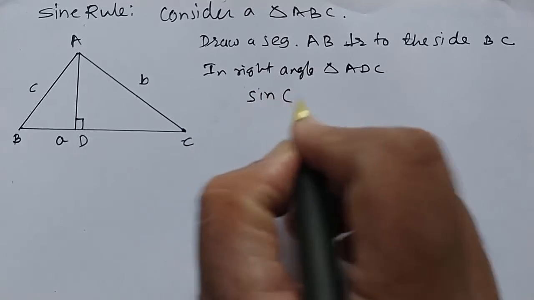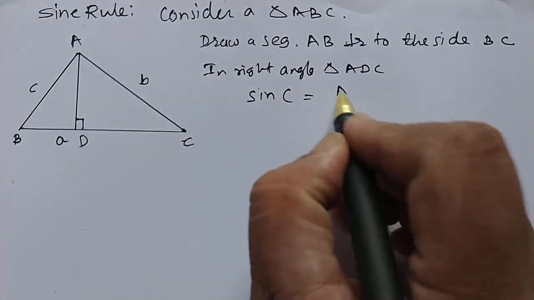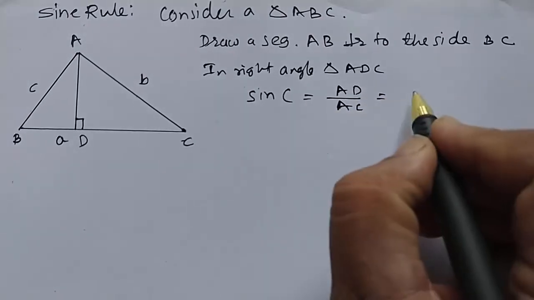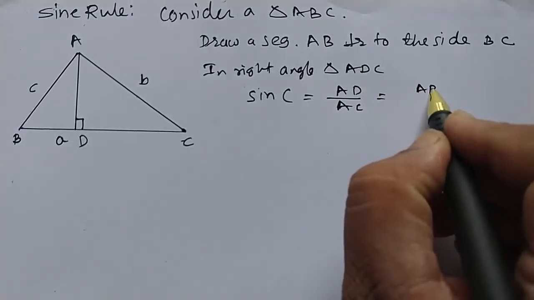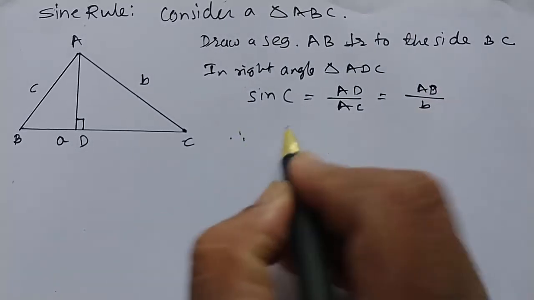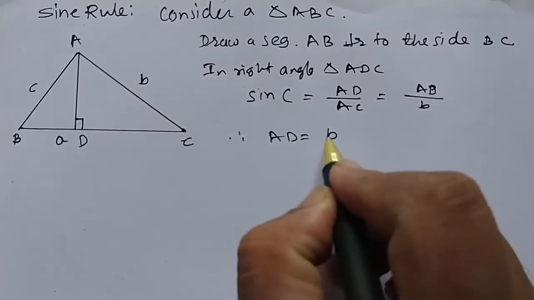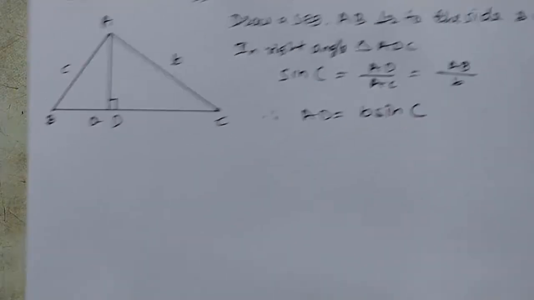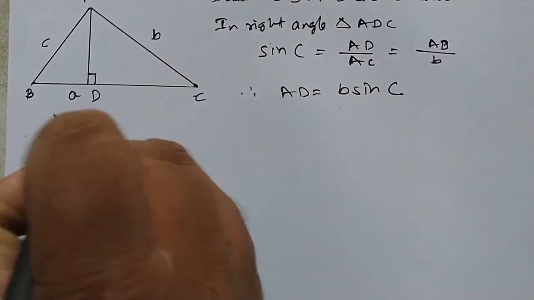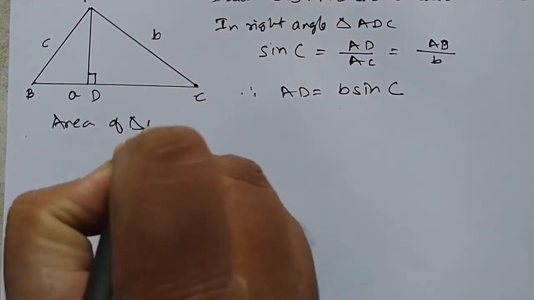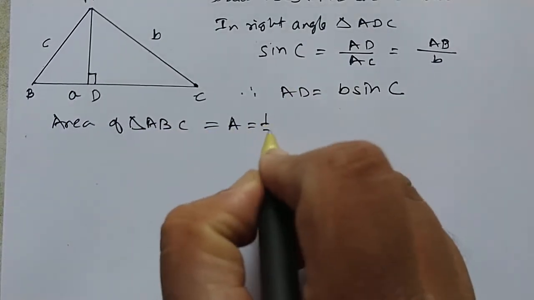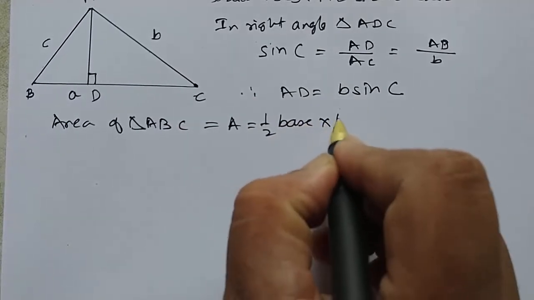sine of C is equal to AD upon AC. AD is as it is and AC is equal to b. Therefore, AD is equal to b sine C. Now, area of triangle ABC, we denote it by capital A. It is equal to 1/2 base into height.